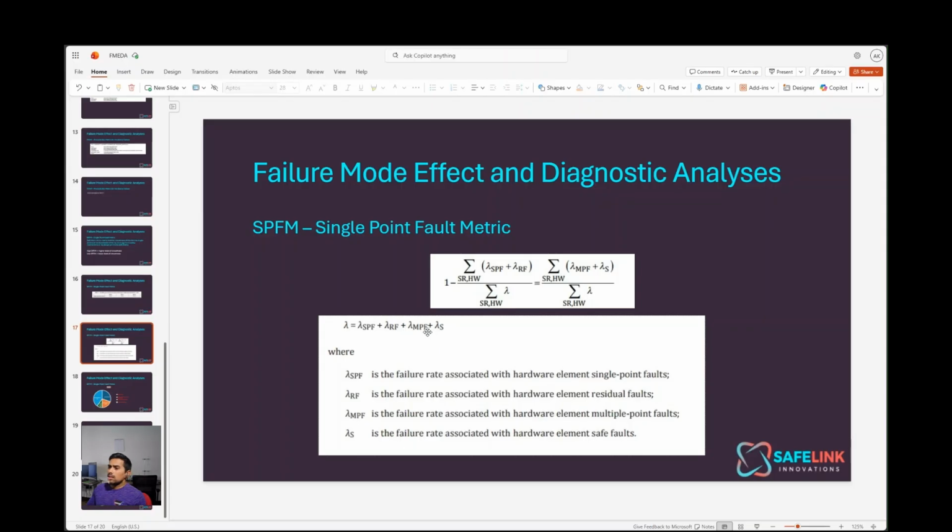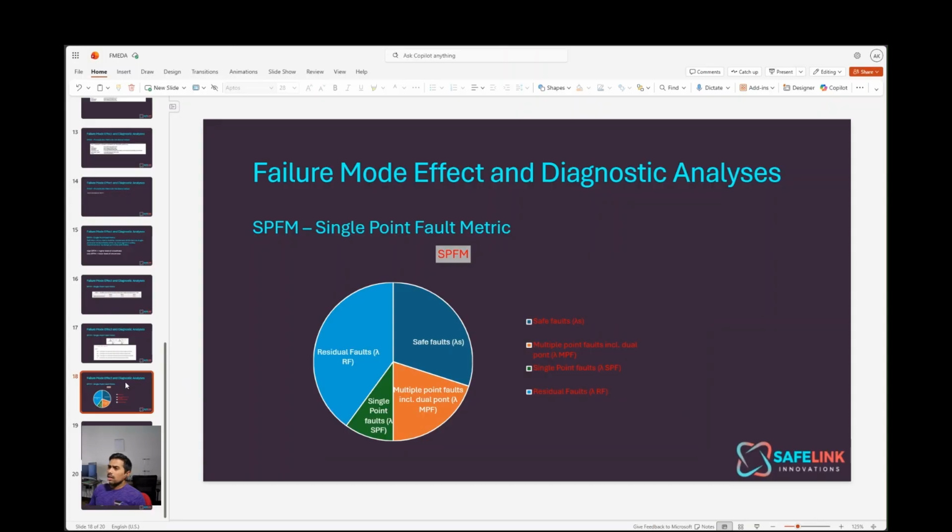Now, let's take a simple pie chart to describe all of this. Let's say we have a project in which we've done an FMEDA, or you could do an FTA, and then we've identified what is safe, what is not safe, what is residual, what is multiple point.